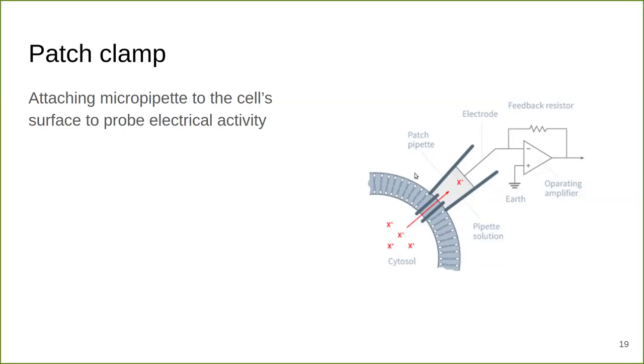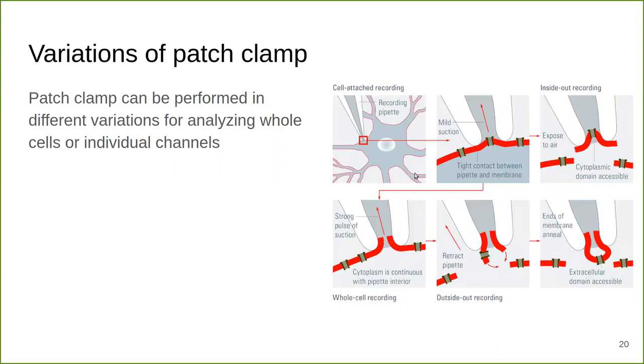And there are some different setups for this patch clamp, and you can even record the activity of a single ion channel, for instance. But you can also record it for a whole cell. Of course, this type of manipulation is highly invasive, and maybe it's not very practical to record only one cell at a time. But in some cases, you would want to know this kind of information.